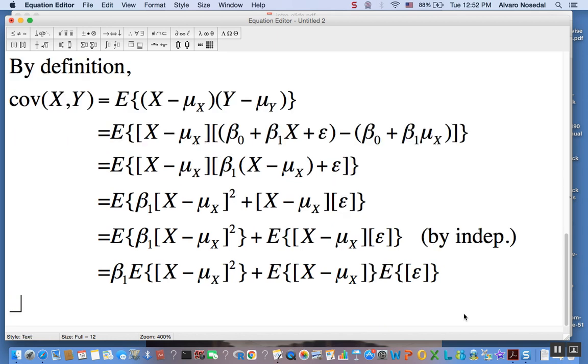Now, by definition of variance, the expected value of x minus mu sub x squared is the variance of x. So that guy is sigma squared sub x.